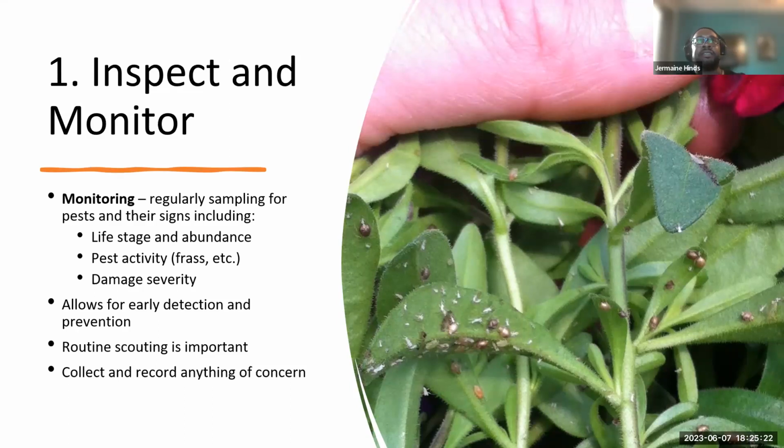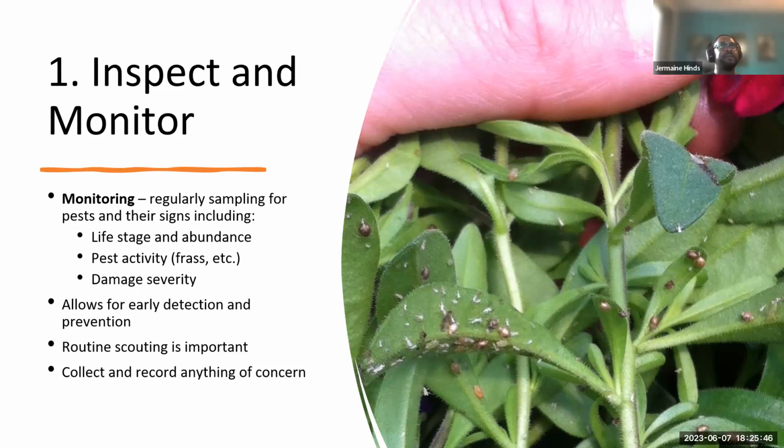And so each of these stages can help you identify what pests you have, the timing of the pests, and what kind of damage they're doing, right? Because we talked about the mouth parts, chewing mouth parts versus sucking mouth parts, and what that might look like when you're out there scouting your garden or your field.